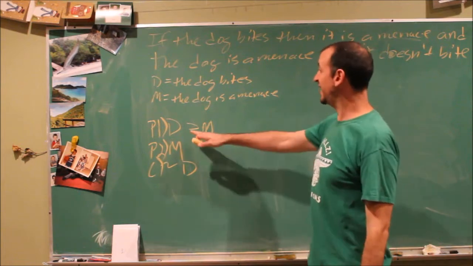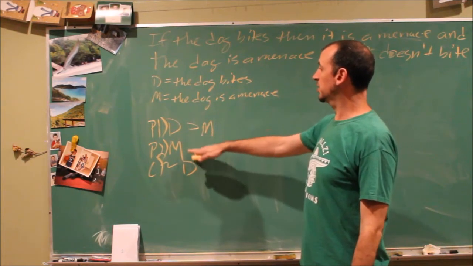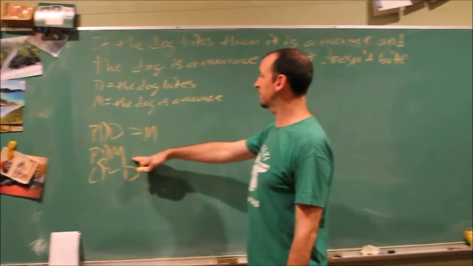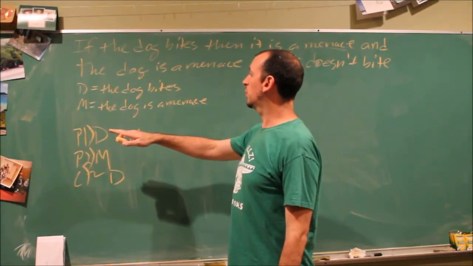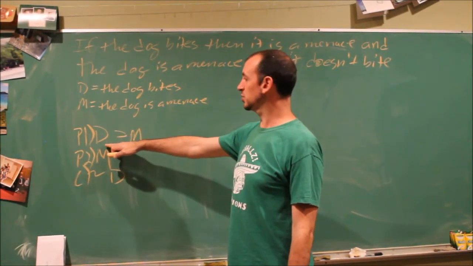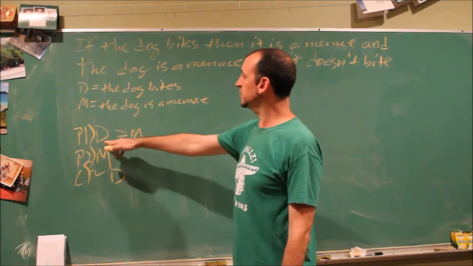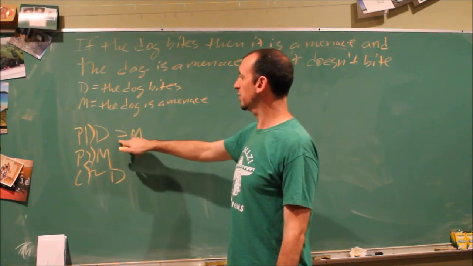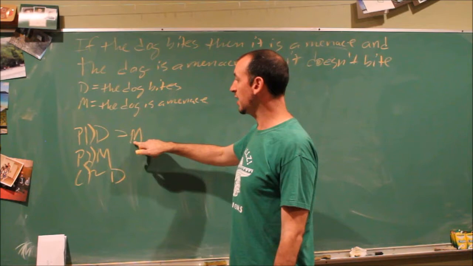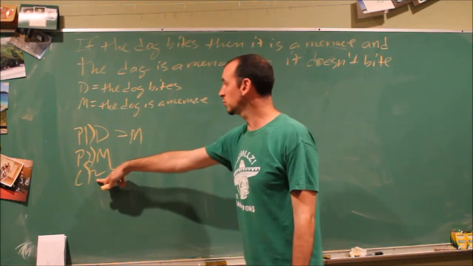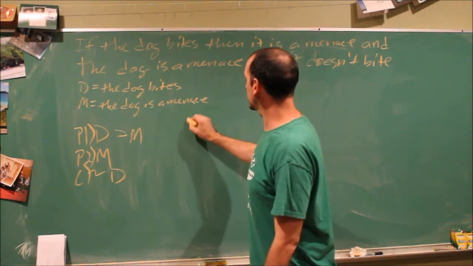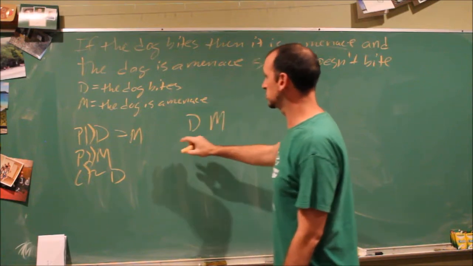Okay, so we're going to take this argument and we're going to put it into a truth table to test for validity. And the idea here is you're going to build this digitally, so you're going to need a different row for each one of these symbols. So the D gets a row, the horseshoe gets a row, the M gets a row, even the not gets its own row. So our letters are D and M, so that's always our first two rows.